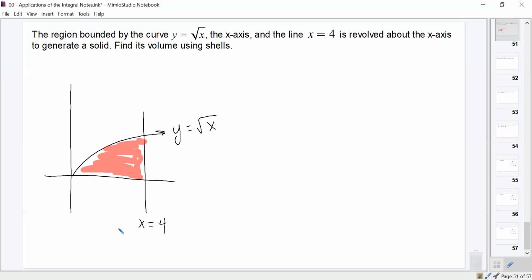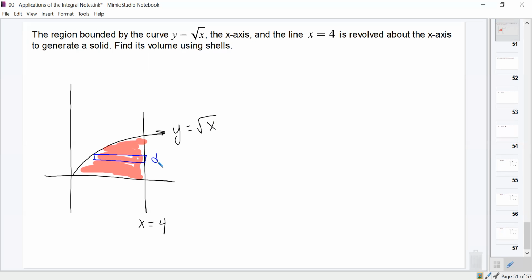So we've got our region sketched, and then the next thing we were supposed to do is draw a rectangle that stretches across the region that is infinitely thin in one direction and is parallel to the axis we're revolving around, so parallel to the x-axis.